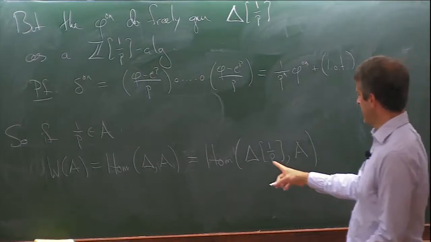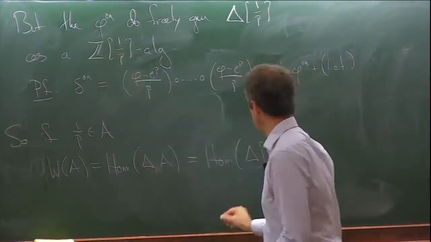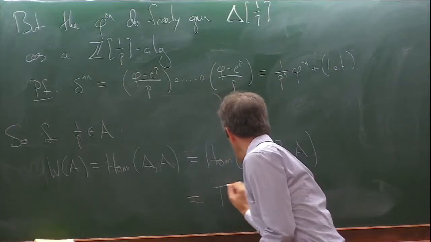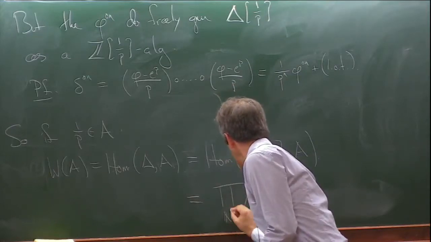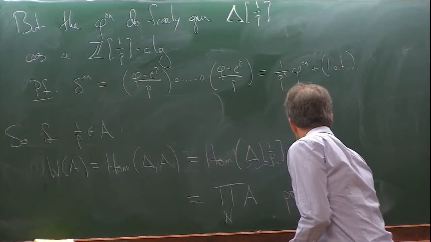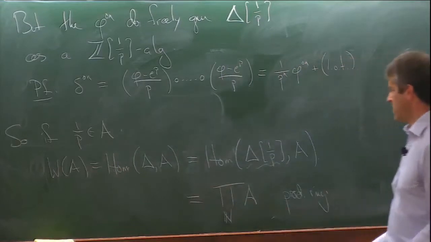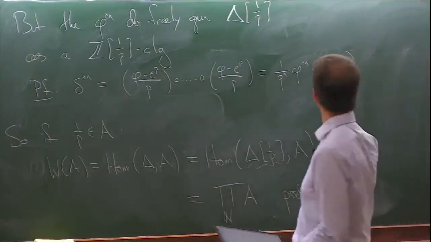And then this ring here is freely generated by these operators, so then this is equal to the product ring. And the composition is the ghost map. So it's an isomorphism.